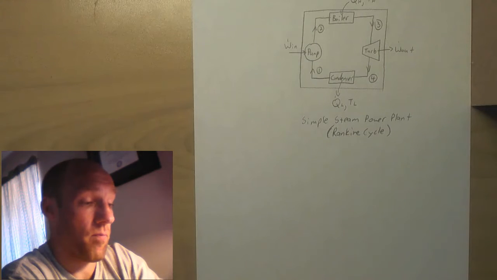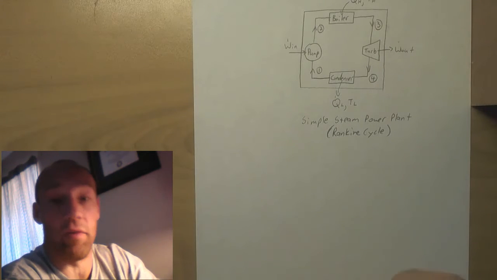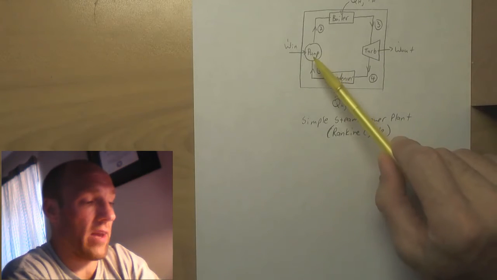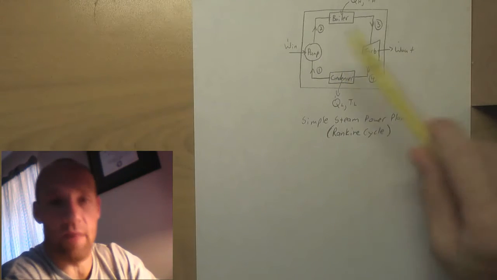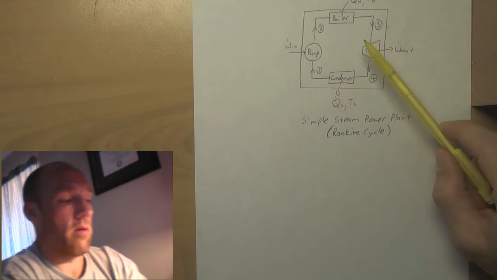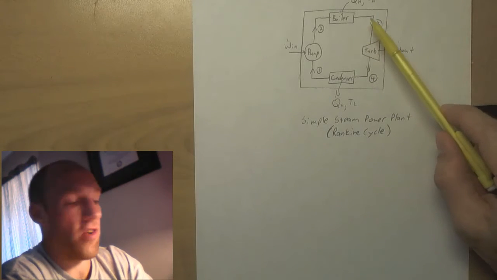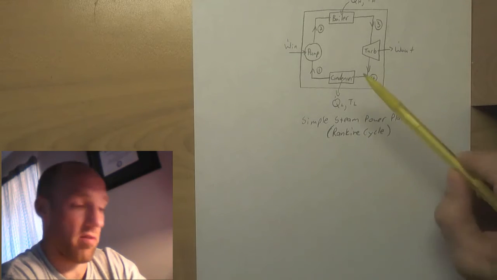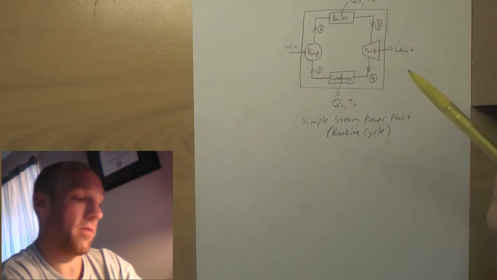That's what a steam power plant does. Some of that work gets recycled back into a pump that pumps the fluid and keeps the cycle going. But the simple explanation is that we're going to take heat and we're going to produce work. That's what heat engines do, and that's essentially what powers modern life.